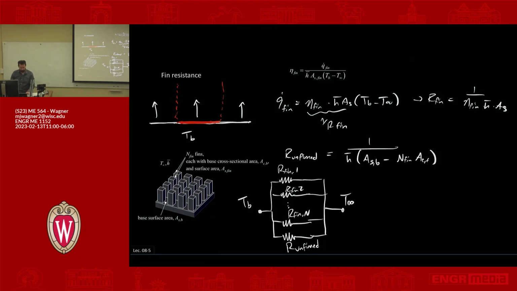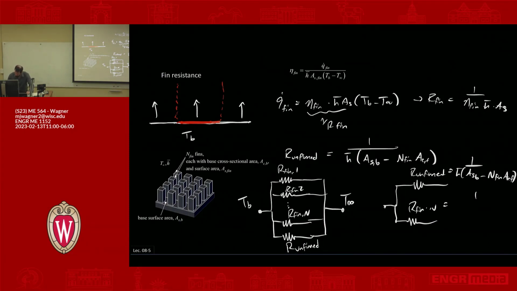So if we actually wrote this out, it might look something instead like this, where we have our R unfinned is equal to 1 over h bar times A_S of the base minus N fin times A_C fin. And then down here we would have our R fin times N, which is equal to just... Wouldn't it be 1 over N?